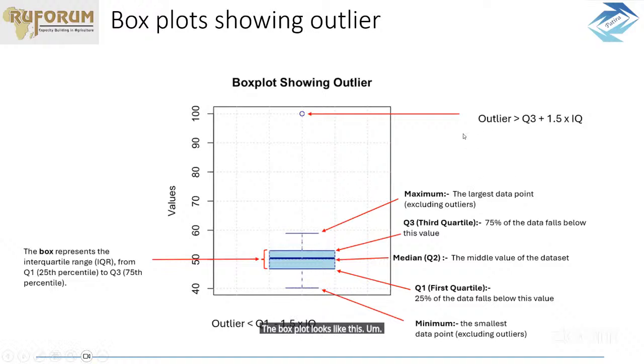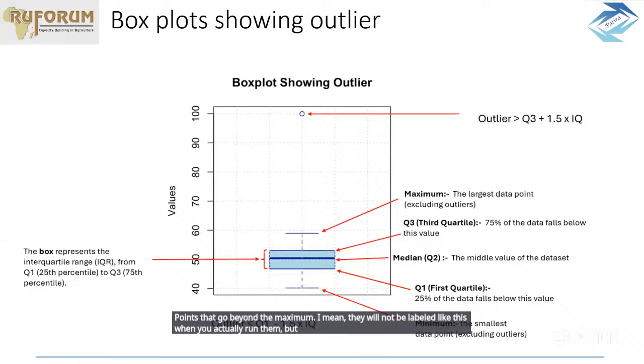Whatever points you see outside this maximum line will be an outlier in your data set, okay? So when you're looking out for outliers and you draw a box plot, you are looking out for points that go beyond the maximum. I mean, they will not be labeled like this when you actually run them, but it's important that you understand what the box plot shows.